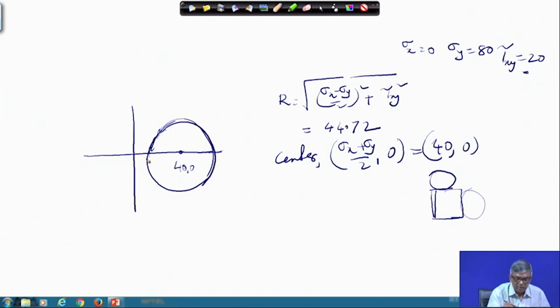I will draw the circle like this, or I could have taken the right face as 0 minus 20, sorry, 0 plus 20, it was shown this way.